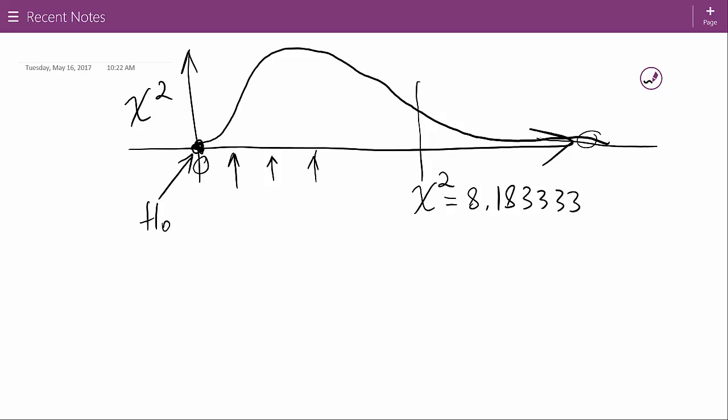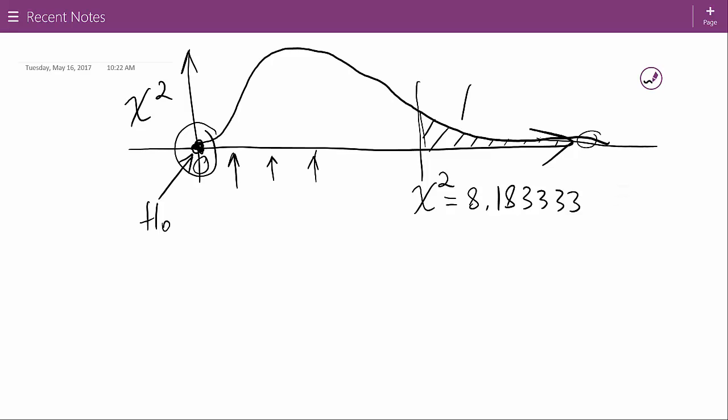If the null is true, I must be right here at 0. But this is what I see. Where do you think graphically I have points which are even more extreme? Everything to the right. So therefore, when you're testing chi-squared distribution, your p-value is going to be in the right tail of the chi-squared distribution, because that's where even more extreme values are located.